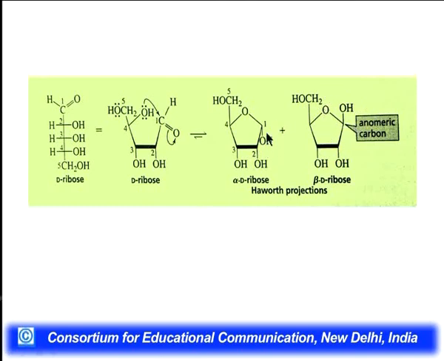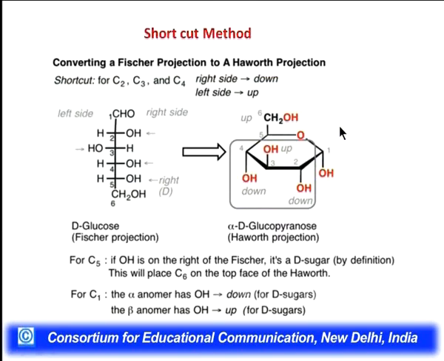So in case of anomers, the configuration around the anomeric carbon or C1 is different. That is, the OH can be below the plane. If it is below the ring, then we say it is the alpha anomer, and if it is above the ring, we say it is the beta anomer.